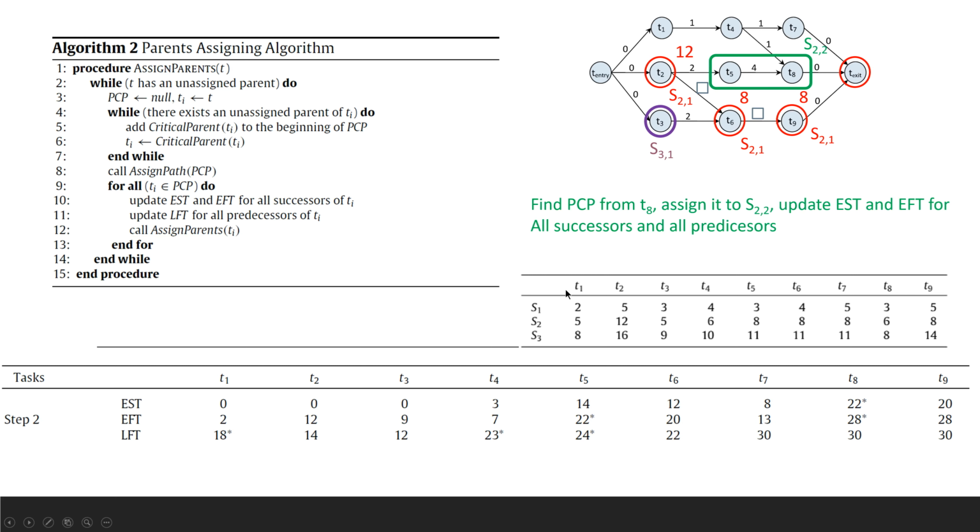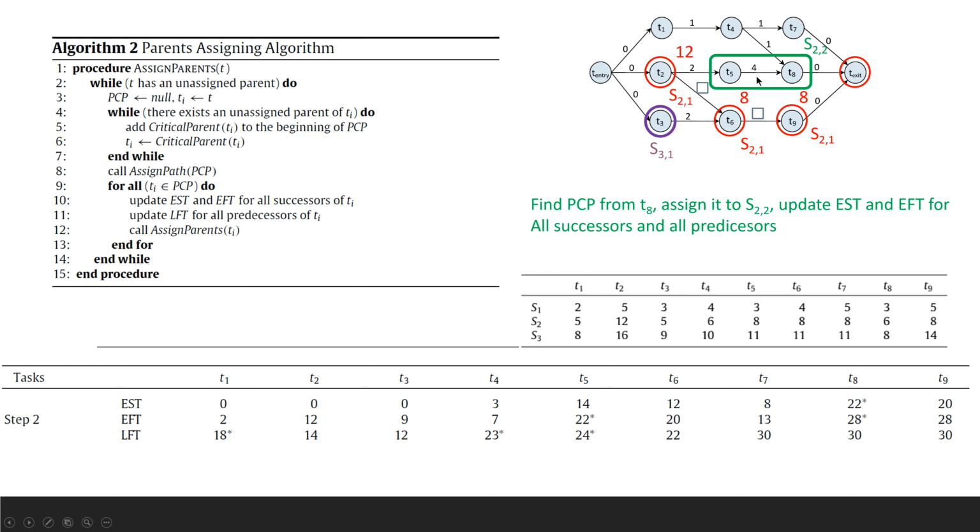So moving forward, because we have done this pass, remember this line is we called on the exit node. While exit node has assigned parents, we will recursively call. So T9 is done, then we will go to the T8. So same way, we will find the critical path.